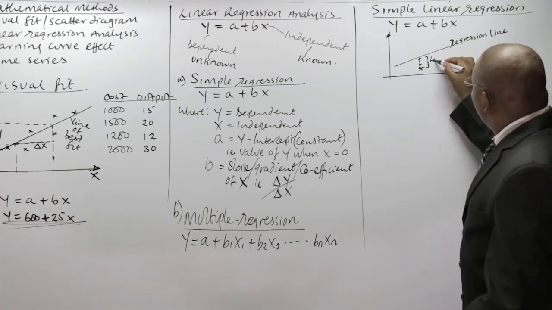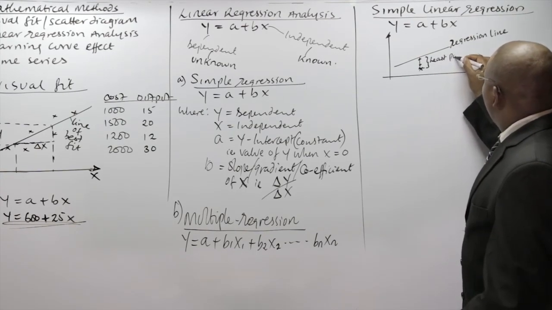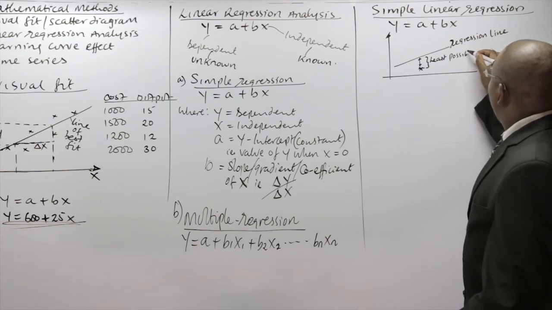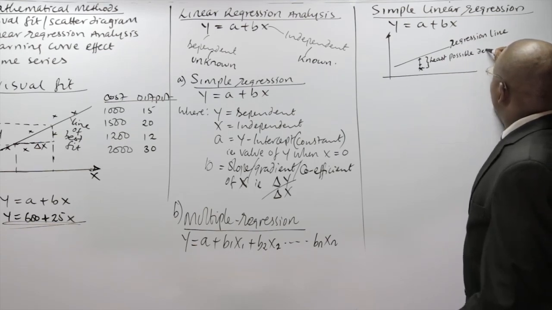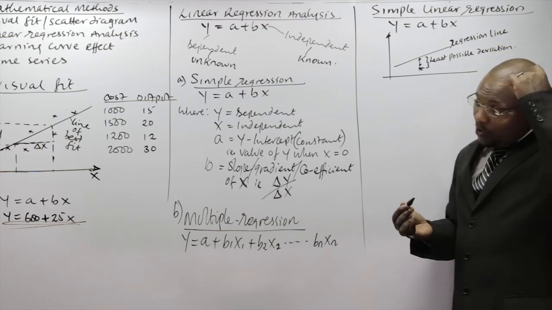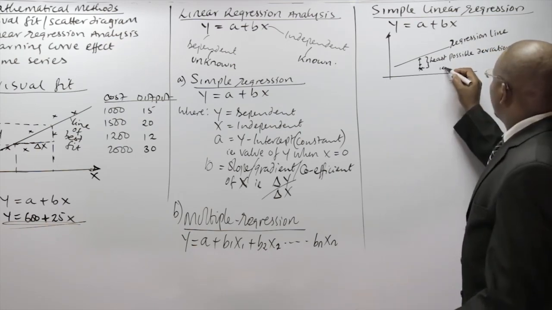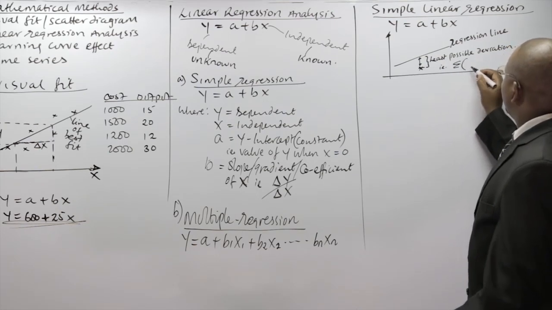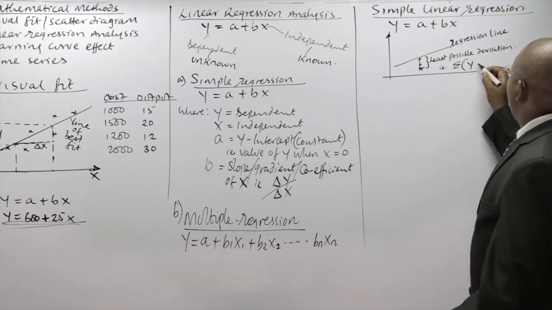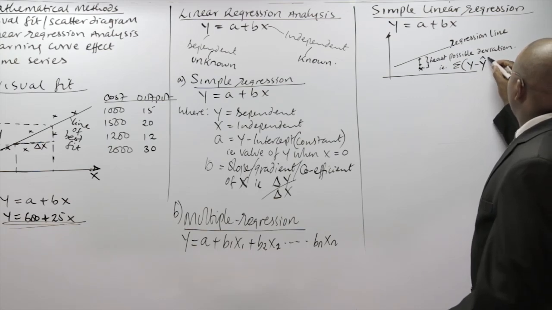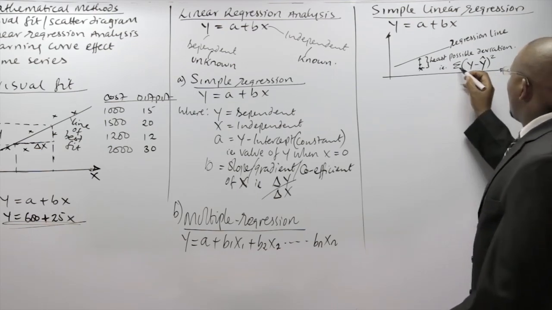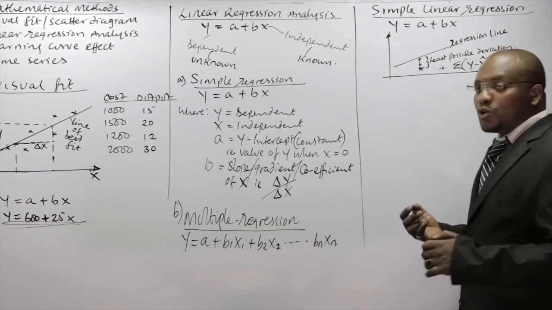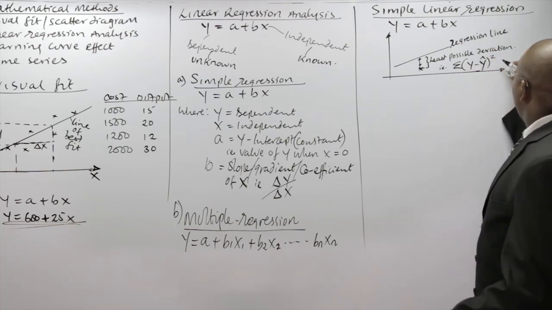This is the least possible deviation. And this deviation, we can have it as summation of, let's say, y minus y predicted, squared. This is what I'm calling the least square method, that this one is minimum.